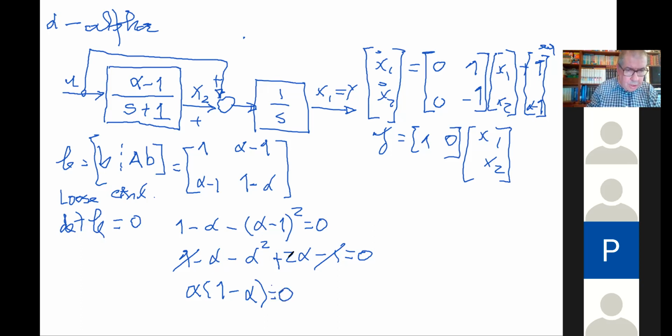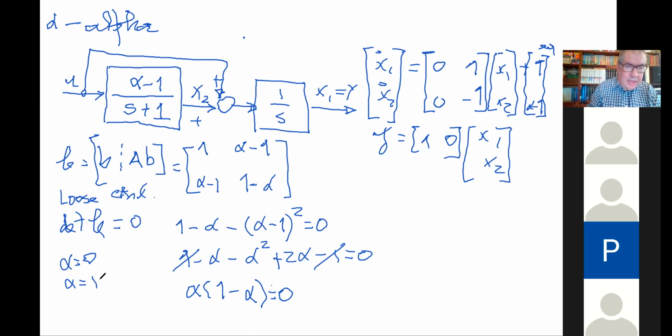Okay, so this is alpha minus alpha squared. So what are the values of alpha that lead to a loss of controllability? It's alpha equal to 0 and alpha equal to 1.